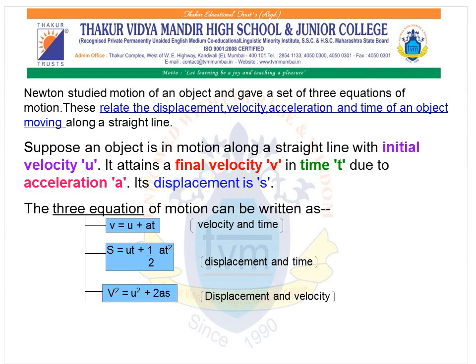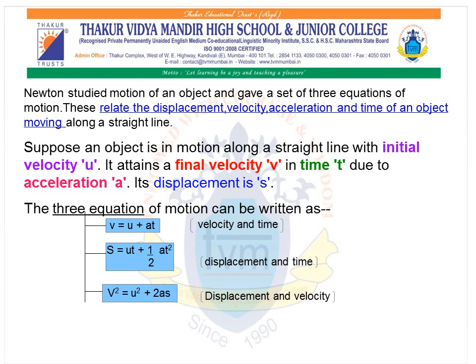The second equation, where the relation between displacement and time is mentioned, is s equals ut plus half at square. And the third equation, where the relation between displacement and velocity is studied, is v square equals u square plus 2as.